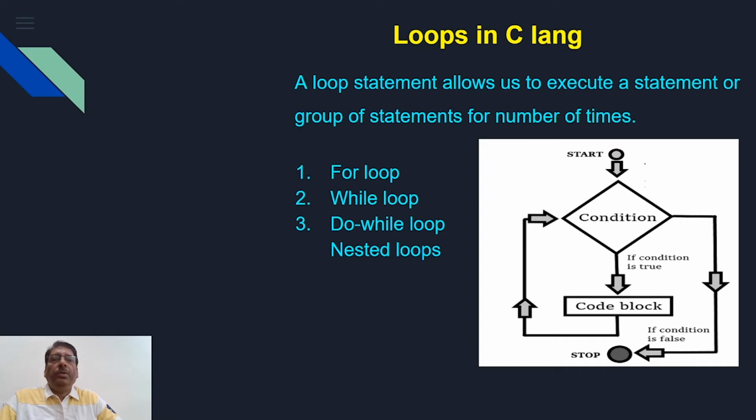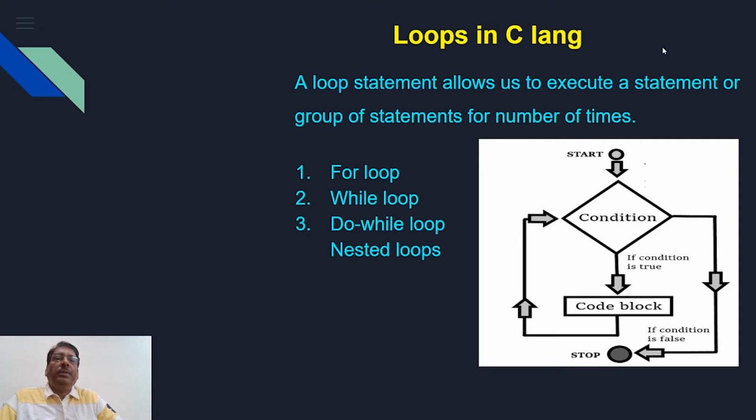Instead, I will print my name and address once and these statements will be executed 100 times. So any given task that you want to repeat 10 times, 100 times, 1000 times or n number of times, you can make use of a loop statement in C language.